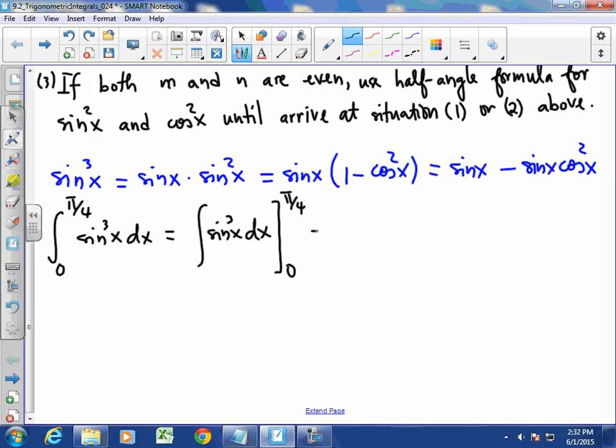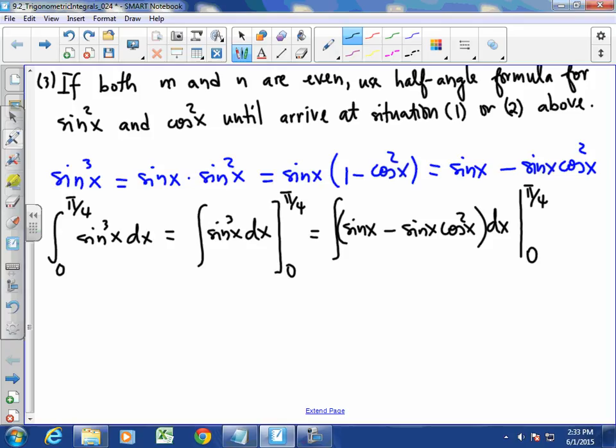The integral of sine cubed x is the same as the integral of sine x minus sine x cosine squared x dx. Remember, in the end we evaluate at pi over 4, minus the result at 0.